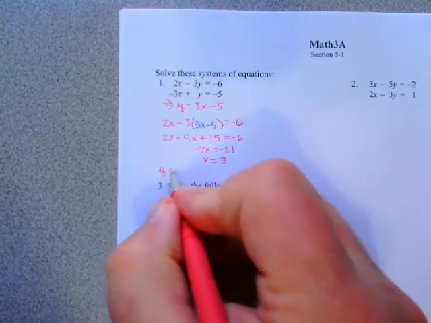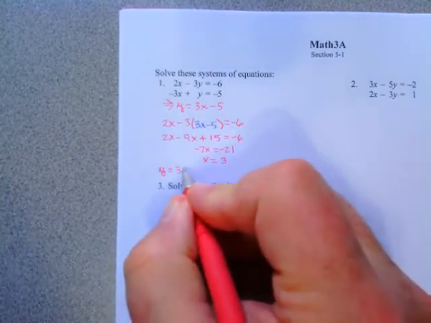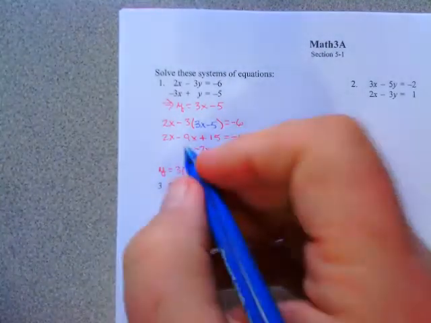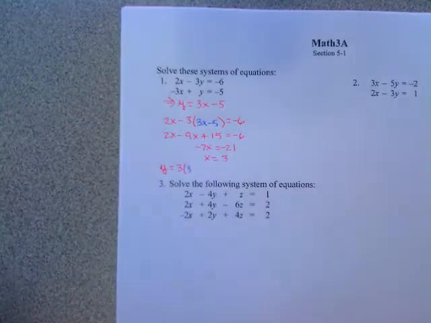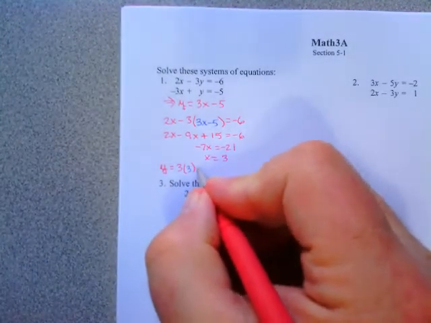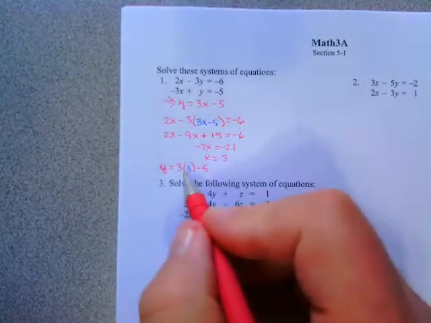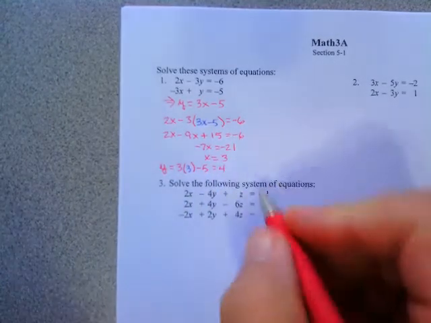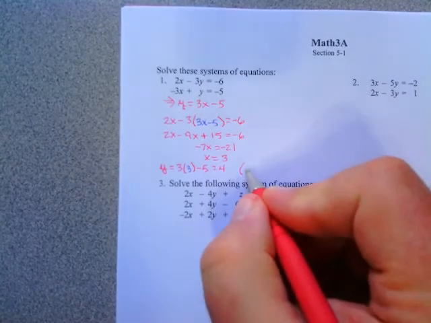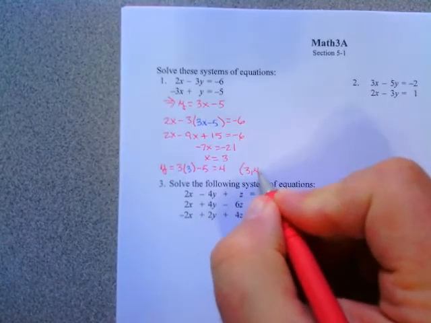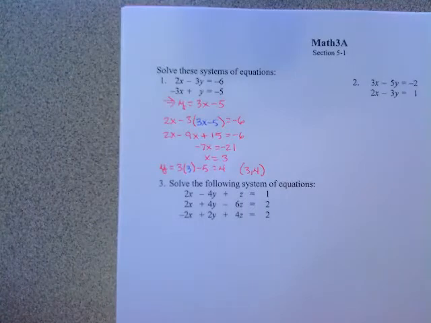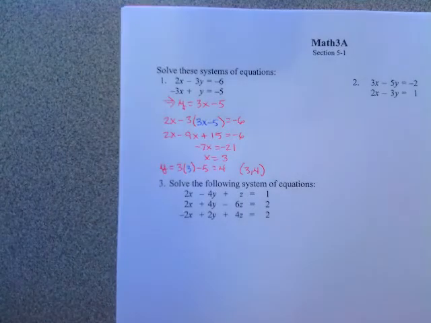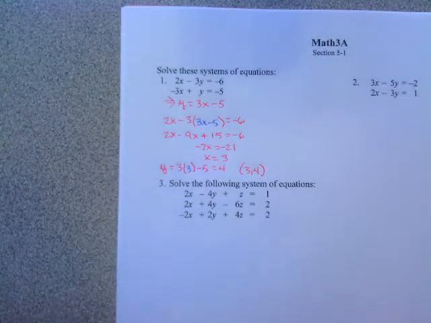So y is going to equal 3 times the x, which I just got to be 3. Subtract 5, that's going to be 9 minus 5, which is 4, and so my answer is going to be 3, 4. And again, notice how I've written the answer here. It is actually a point on a graph where these two lines would cross.